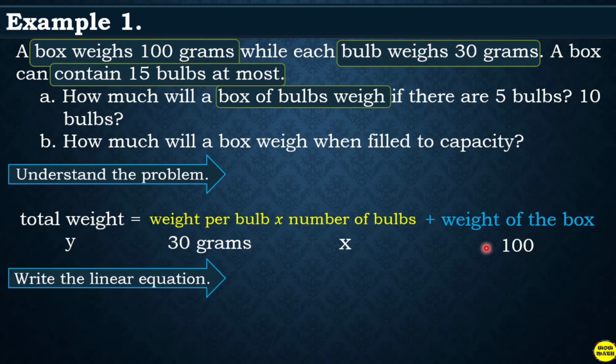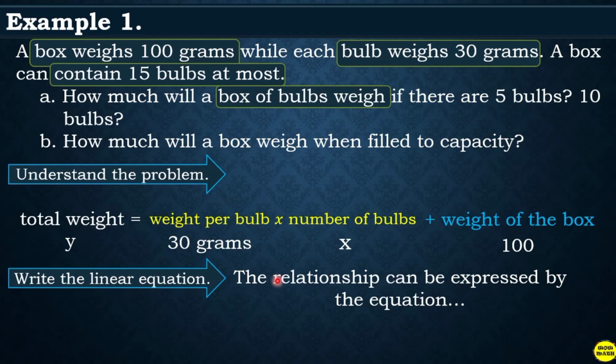Okay. So, write the linear equation. What is the linear equation now? So, after understanding the problem, you have to understand the problem carefully. Kasi, pag hindi mo siya naintindihan, you cannot represent the linear equation. Okay? So, let y be the total weight.